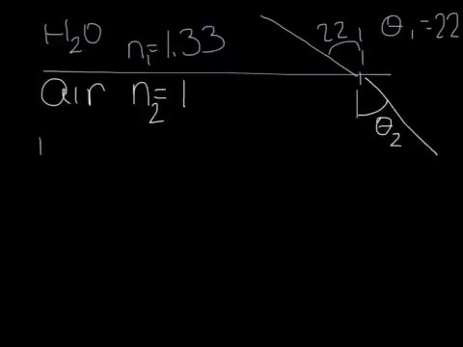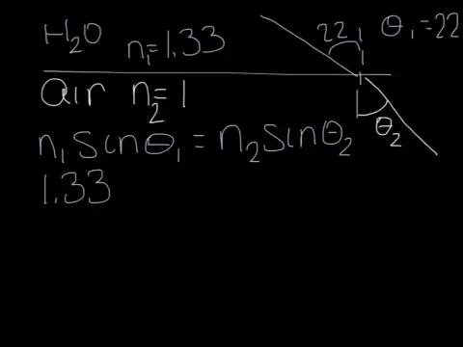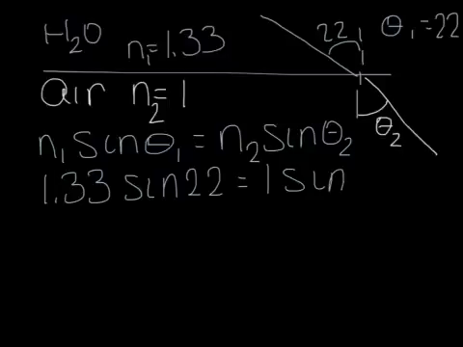So we know N1 sine theta 1 has to equal N2 sine theta 2. So we have 1.33 times the sine of 22 has to equal 1 times the sine of theta 2.